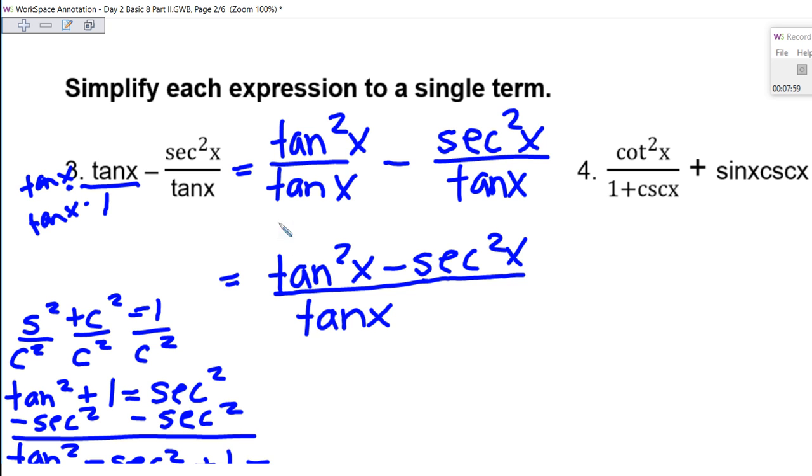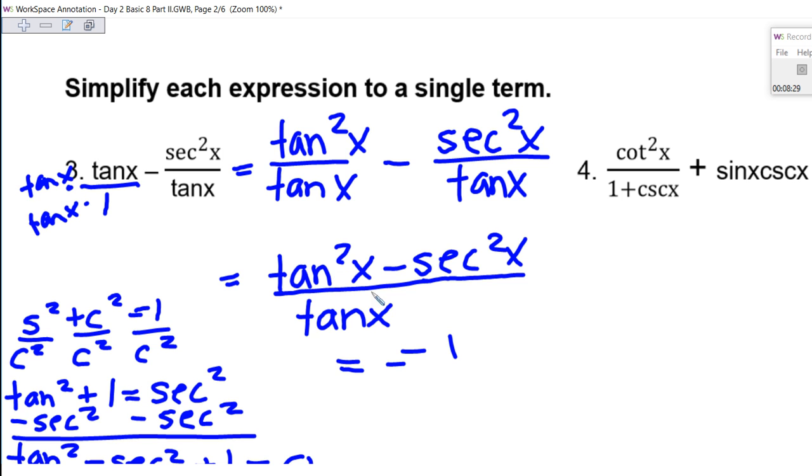So instead of tangent squared minus secant squared, well, I have to get that by itself, so I would have to subtract 1 from both sides, so that gives me tangent squared minus secant squared is equal to what? Negative 1.